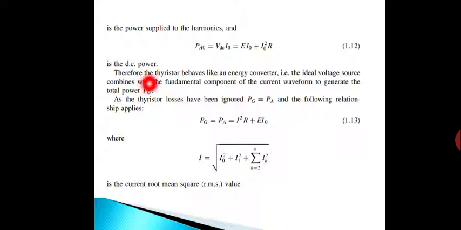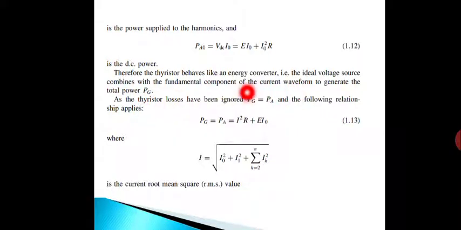Therefore the thyristor behaves like an energy converter. The ideal voltage source combines with the fundamental component of the current waveform to generate the total power Pg.